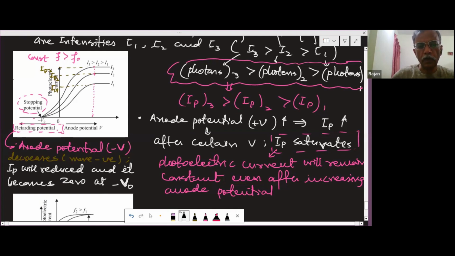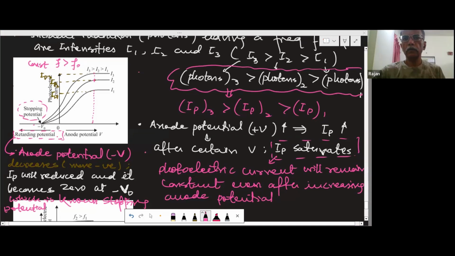That potential, minus V naught, is known as the stopping potential. Is it clear? So please note it down up to that.